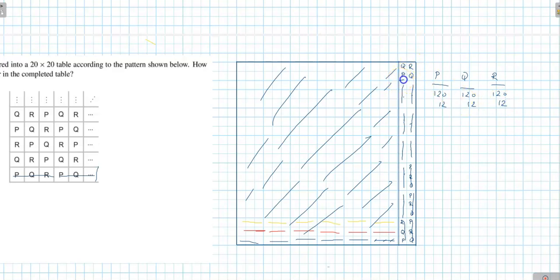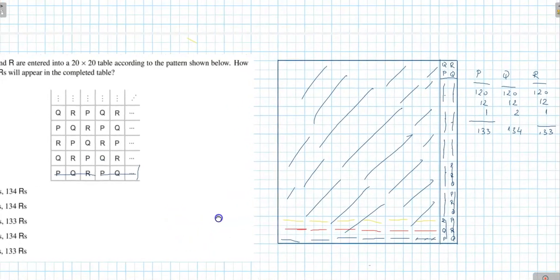And then the only remaining part is this one. We have 1P plus 1, 2Q, and then 1R. When we add them together, we have 133P, 134Q, 133R.